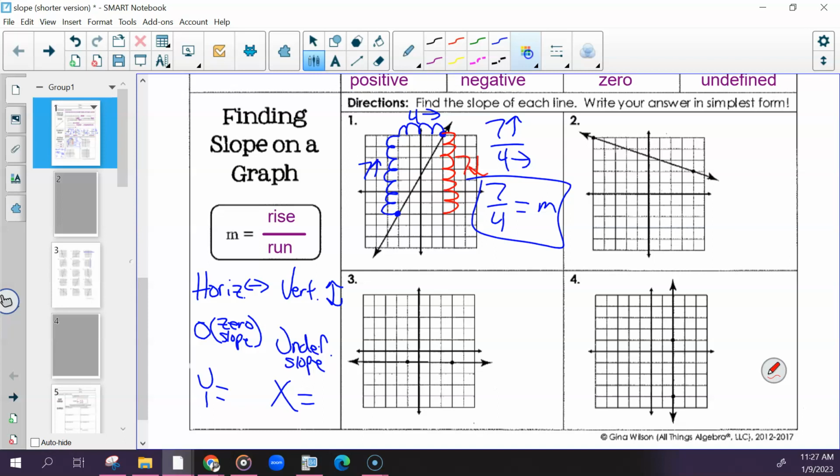So we'd be going down 7 and to the left 4. So if I did this with my arrows, I'd have 7 down, 4 to the left. The down and the left would both give me negative things. So I'd have negative 7 over negative 4. But because we have 2 negatives, it would end up being a positive. So no matter how you look at it, you should get the same thing as long as you count correctly. Questions on that?